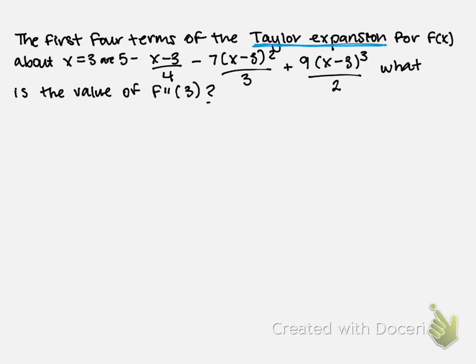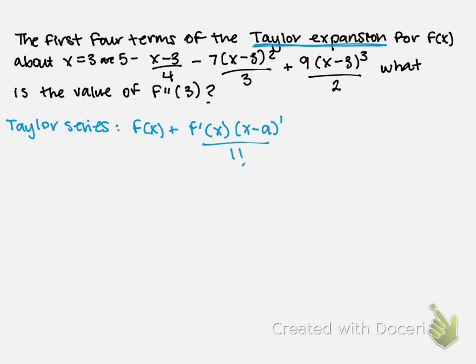The Taylor series is written out like this: f of a plus f prime of a times (x minus a) over 1 factorial plus f double prime of a times (x minus a) squared over 2 factorial, and so on.